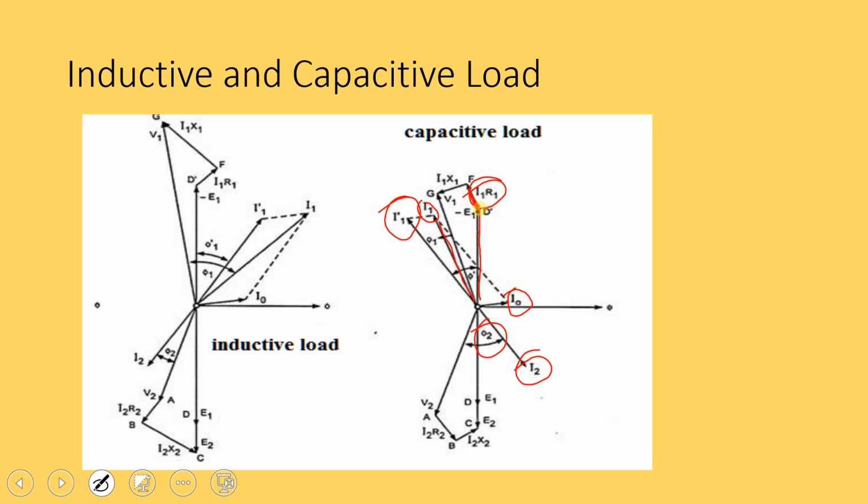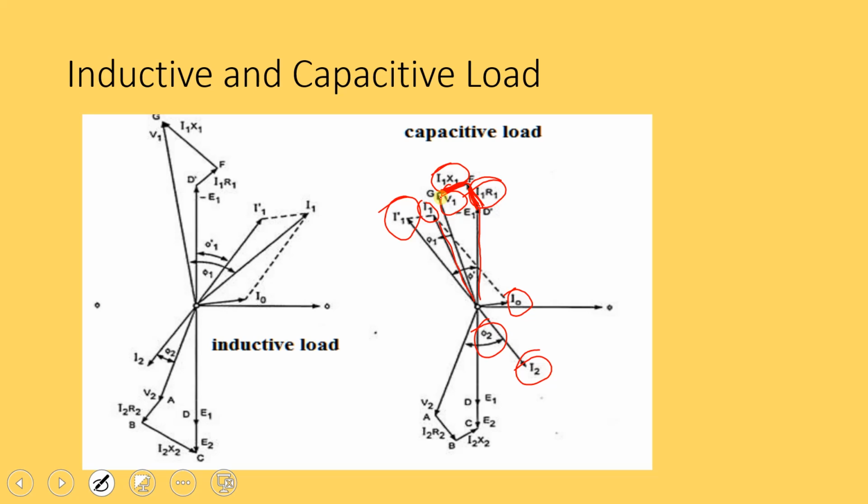So 90 degrees to this, at 90 degrees we draw I1 X1. So on this 90 degrees we draw this, and we join this to this. This is called V1. So this is how we make the capacitive load. Hope you understand this.